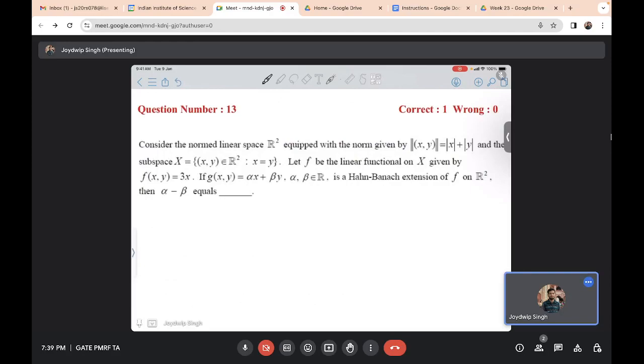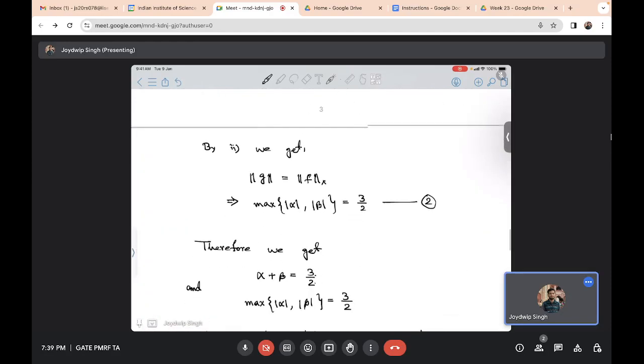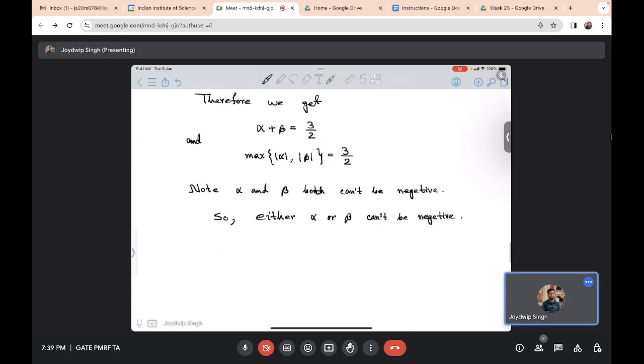That means if one is 0, then what will be the extension?